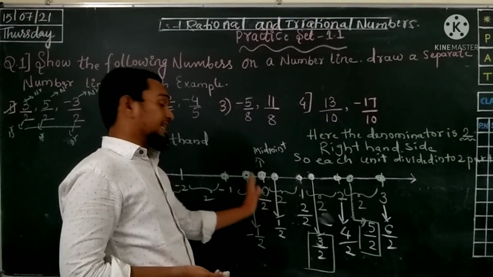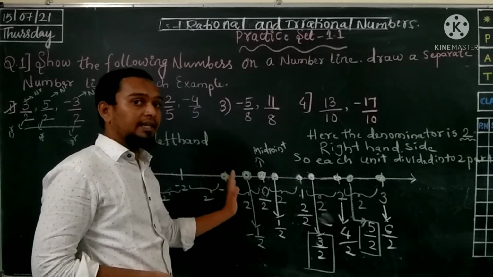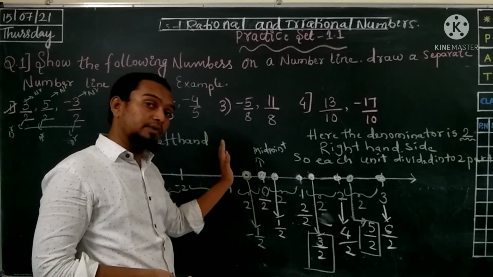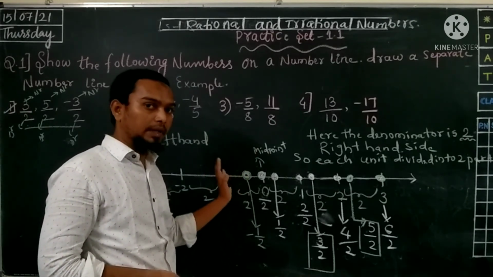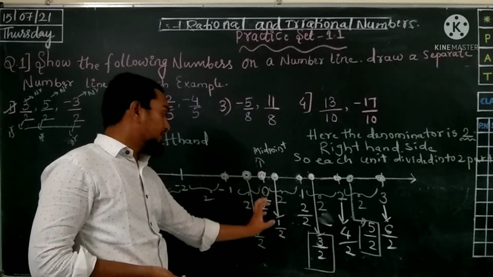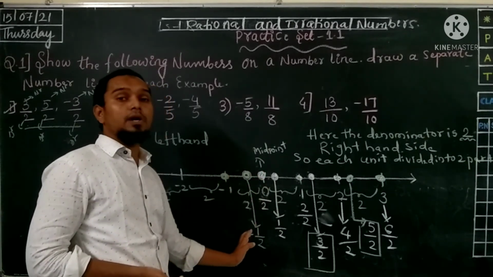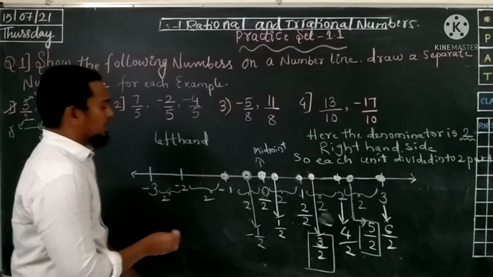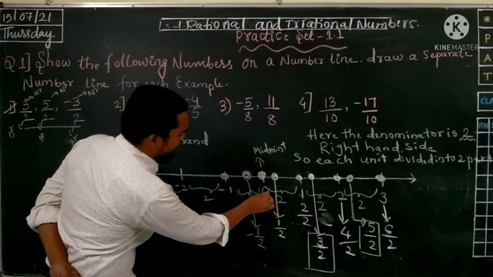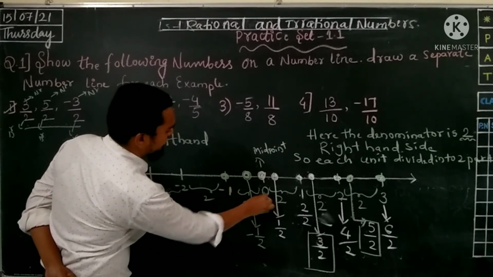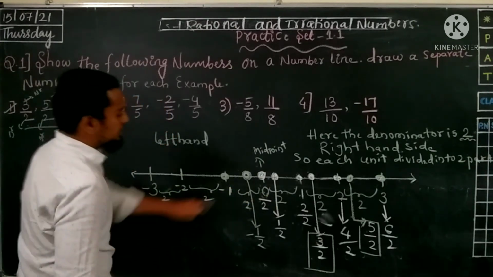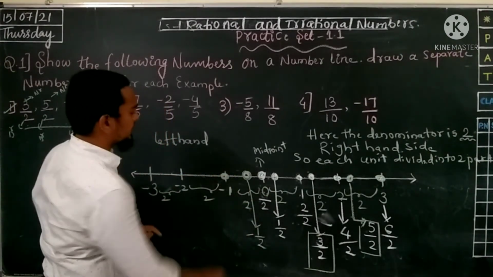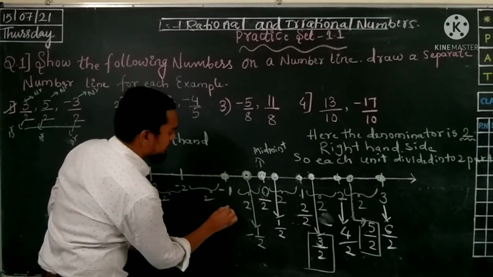This number is on the left hand side, and the left hand side is always negative value. Next, the left of 0, lesser value, is also negative value. The difference between 0 to minus 1. This is 1 point and this is 2 point.